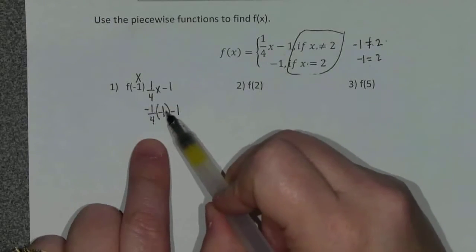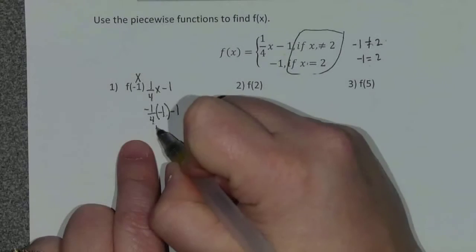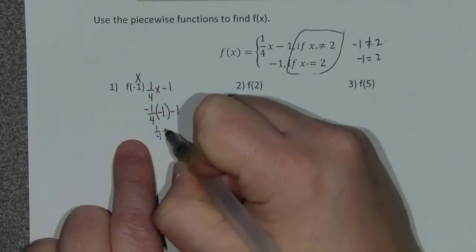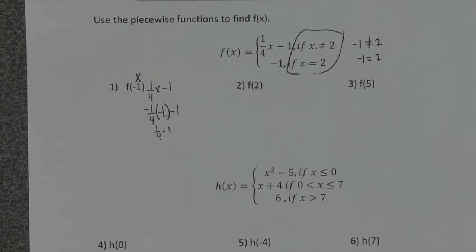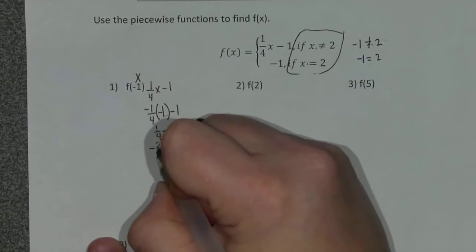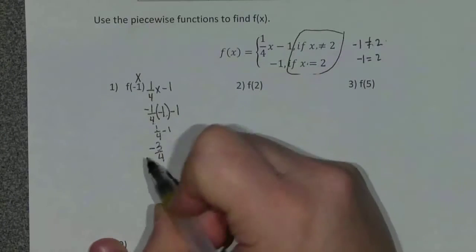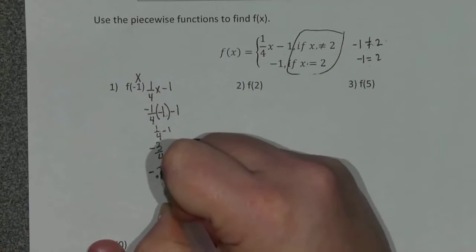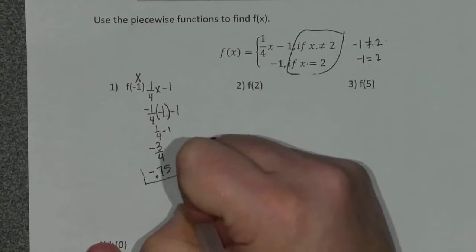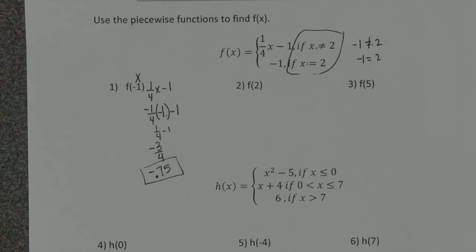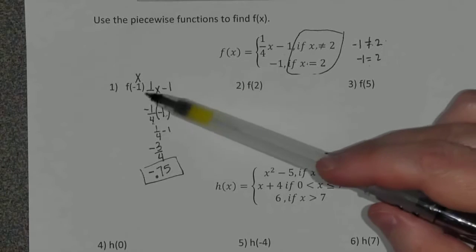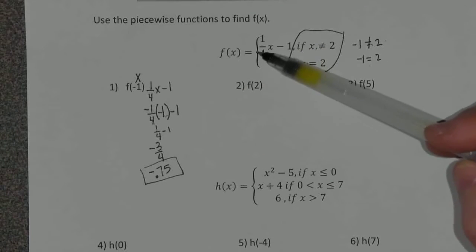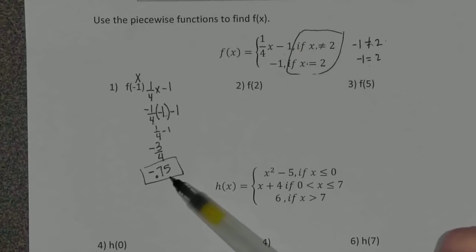A negative 1/4 times a negative 1 would be a positive 1/4, and a positive 1/4 minus 1 would be a negative 3/4, or you could change that to a negative 0.75, whichever you prefer to see on your calculator. Okay, so when we substitute negative 1 into this function, we got a negative 0.75 back out.